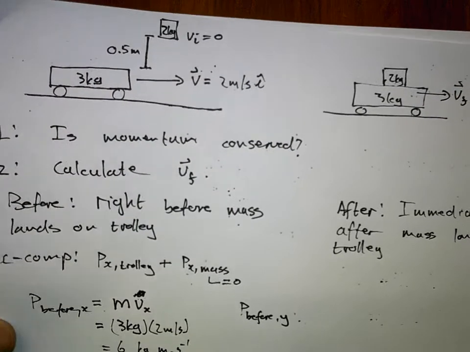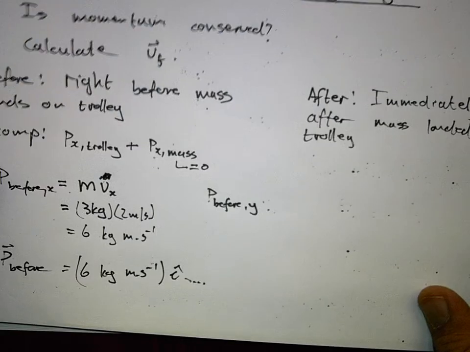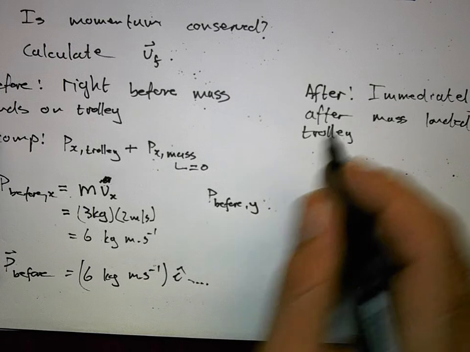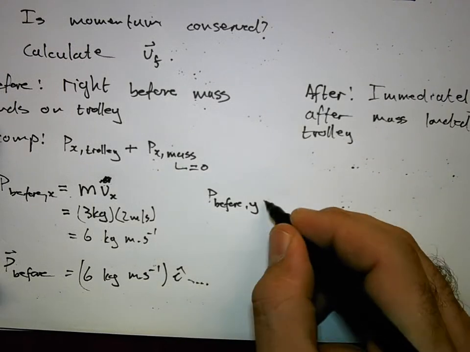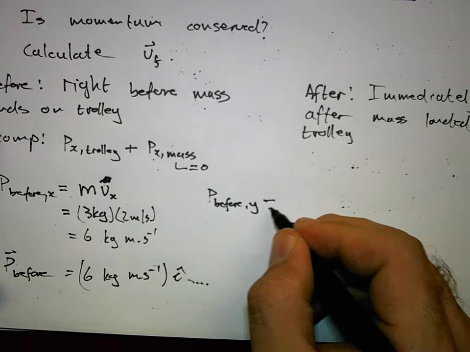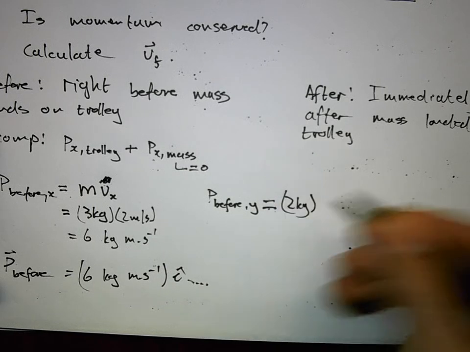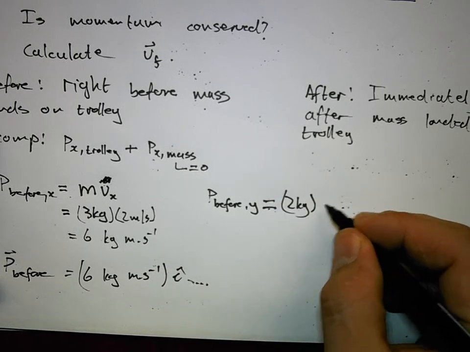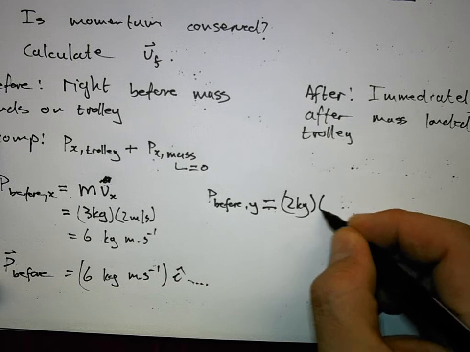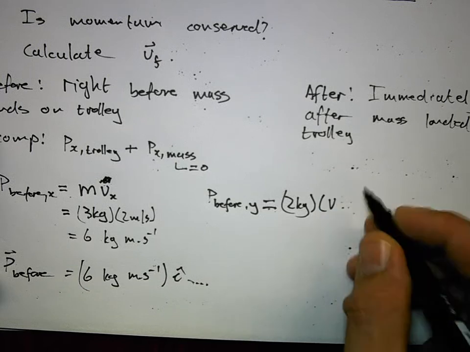So we must figure out first how fast it is moving right before it hits the trolley. So the total momentum before in y is equal to 2 kilograms times the velocity of the mass before it hits the trolley.